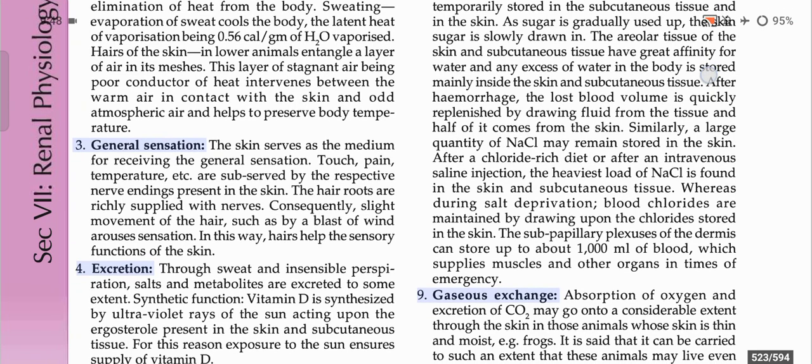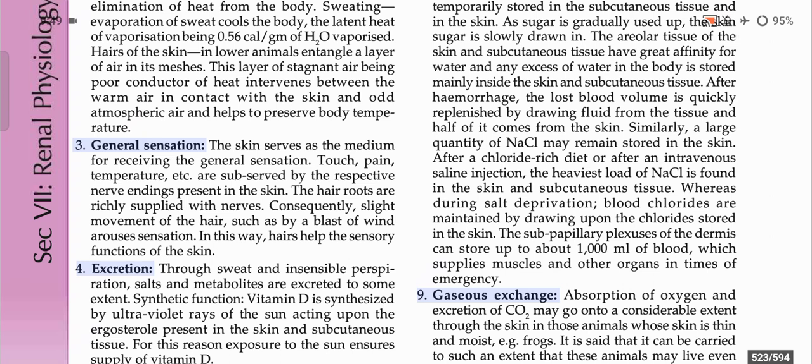After hemorrhage, the loss of blood volume is quickly replenished by drawing fluid from the tissue, and half of it comes from the skin. Similarly, a large quantity of sodium chloride may remain stored in the skin after a chloride rich diet or after an intravenous saline injection.